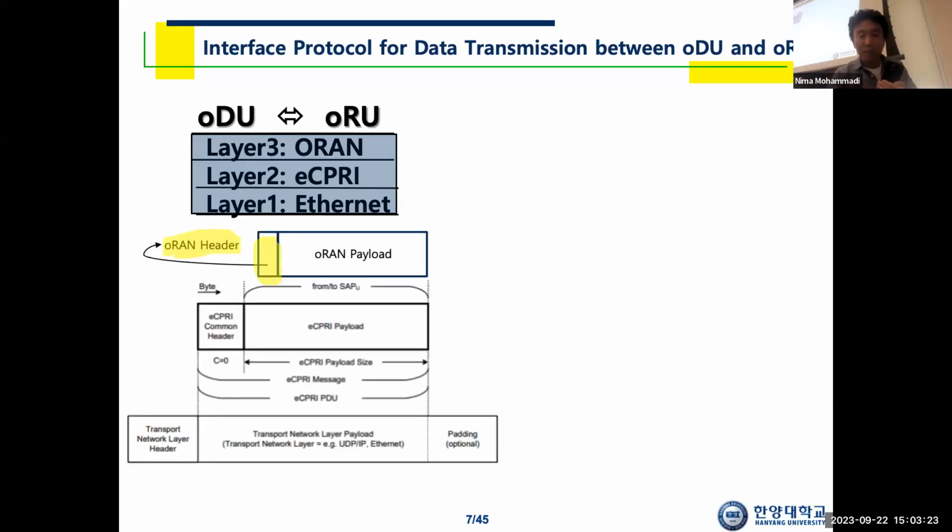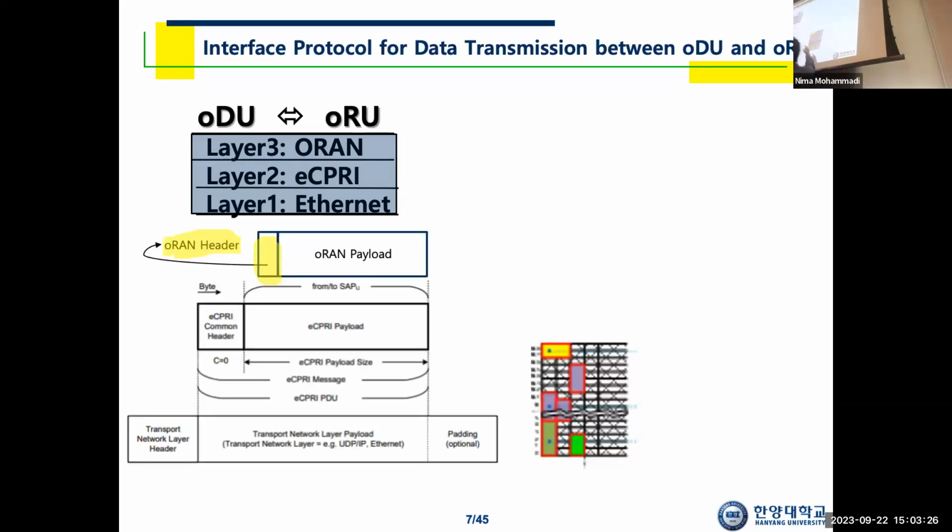What does that mean? That means this. For the first symbol period, we want to transmit yellow, violet, green resource blocks. But in ORAN, we never use the terminology resource block. Instead, we use sections. We want to transmit the yellow section, violet section, and green section using this packet.